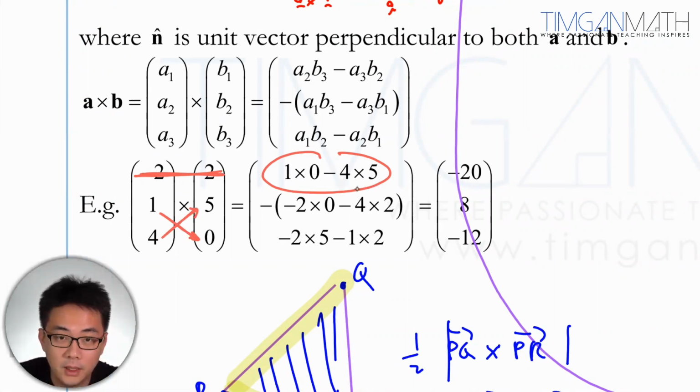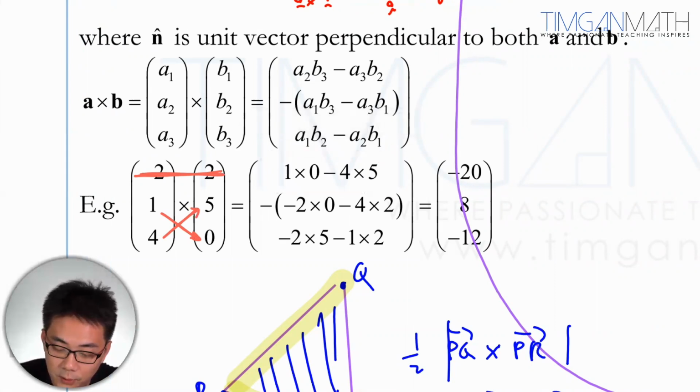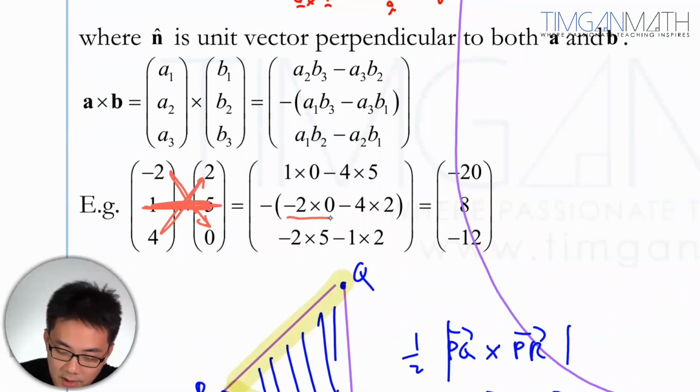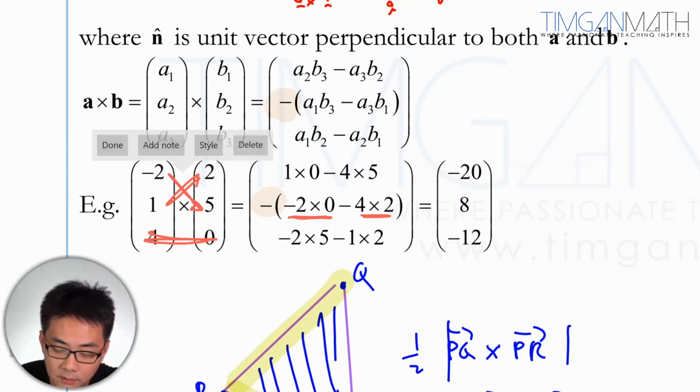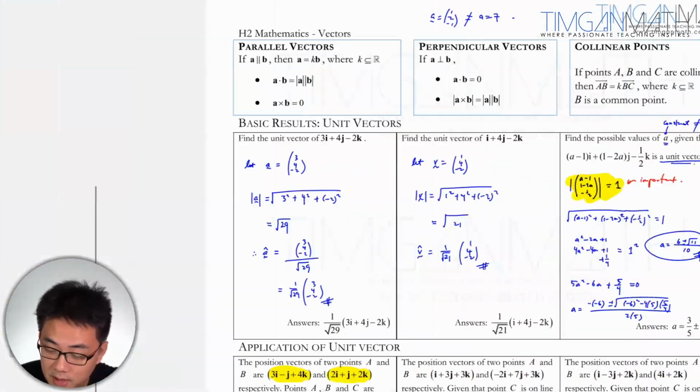It's given in the exam anyway. Then for the second one, you cover this up, so this times this minus this times this, so minus 2 times 0 minus 4 times 2. But for the second one, there's an overall negative, so you need to put the negative outside. Then similarly for the third, cover this one, so this times this, then this times this, so it will be minus 2 times 5. So that will be your normal vector. Just follow this, you'll be fine.